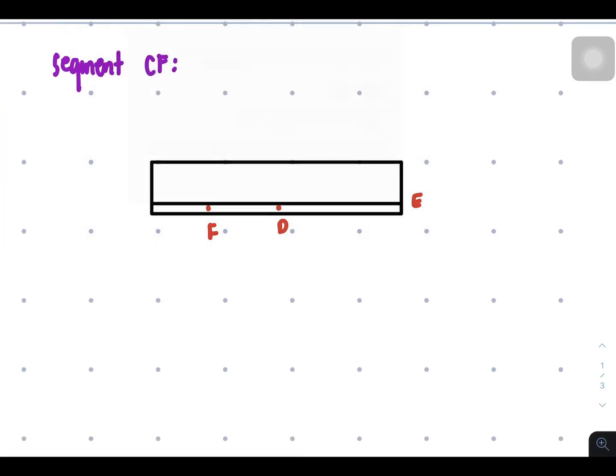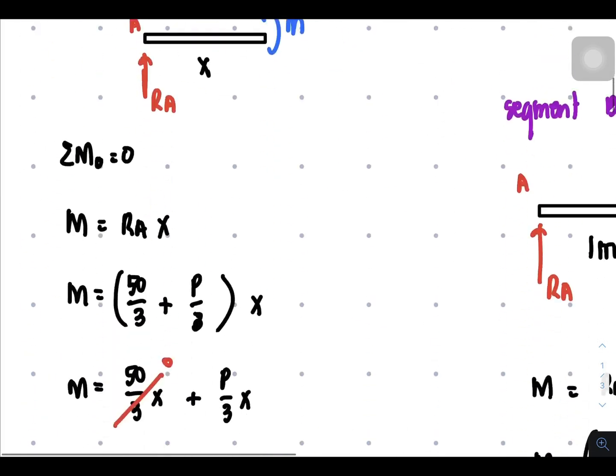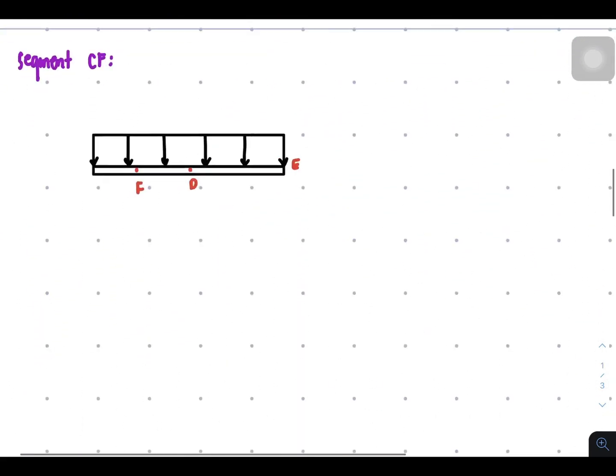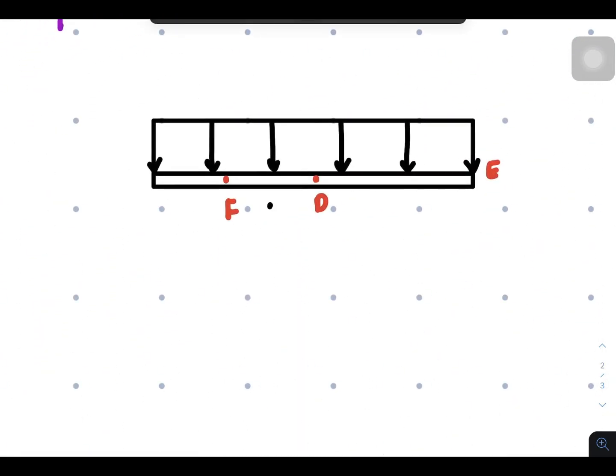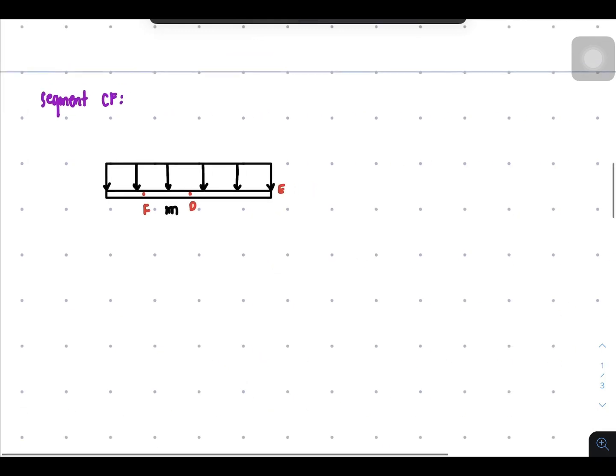And then this is downward here. This is 1 meter. This is 2 meters.